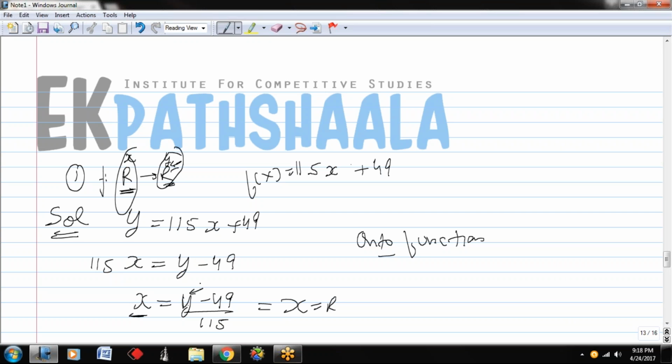We virtually put some real values of y, not necessarily showing it on paper. If on solving we get a real value of x every time, then we can say it is an onto function. If the nature of x changes, say for some value of y x does not come out real, then it is not an onto function.